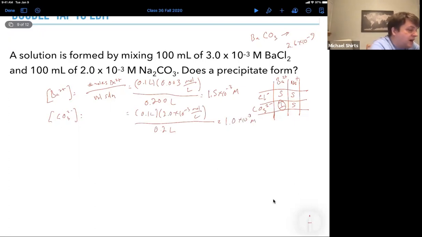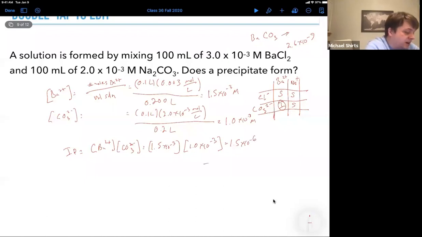Okay, so the ion product is going to be the barium concentration times the CO3 2 minus concentration: 1.5 times 10 to the negative 3 times 1.0 times 10 to the minus 3. So that is going to be 1.5 times 10 to the minus 6.